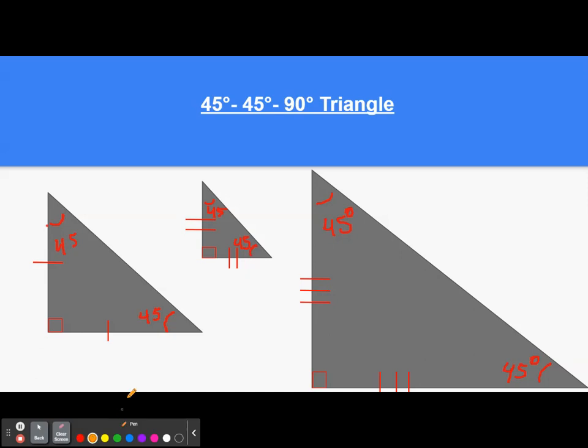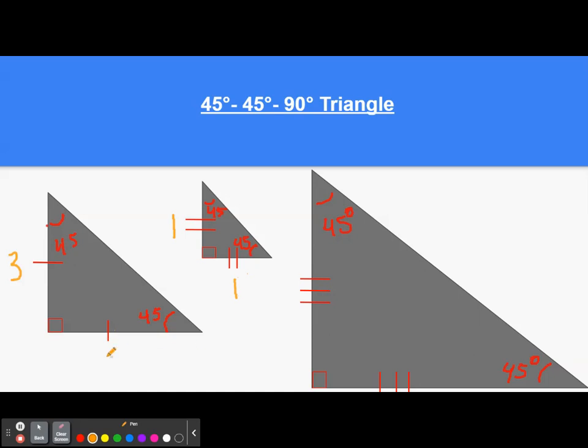So for instance, if this side right here is 1 and this side is 3, what is my scale factor from the little triangle to the big triangle? Other way. 3 over 1, which is 3. So to find the missing sides, if this side was 1, I would just have to multiply it by 3.